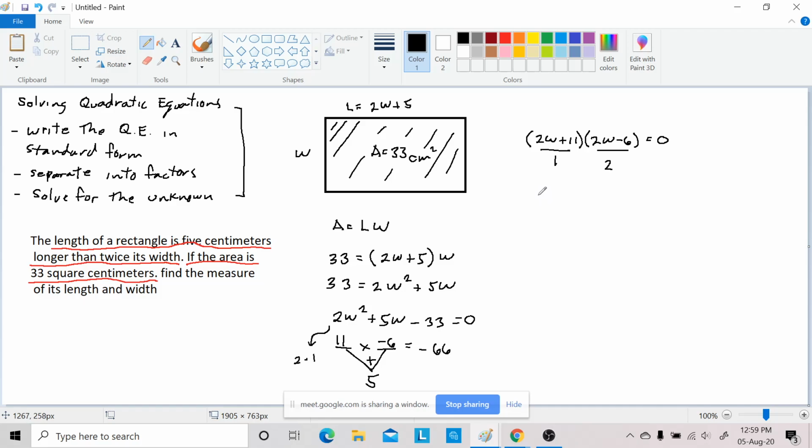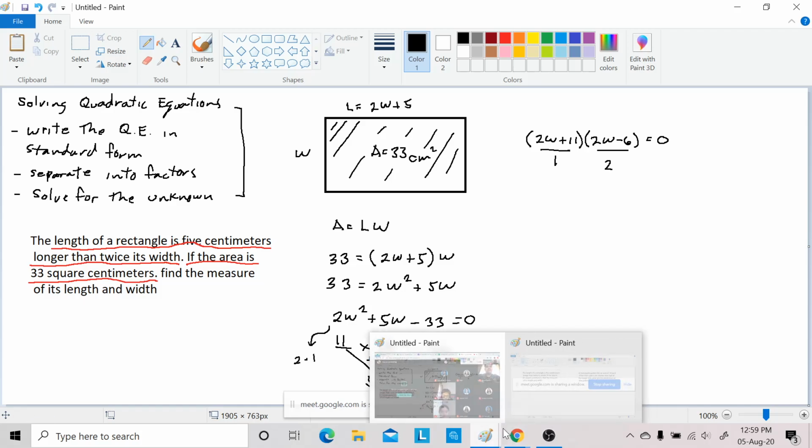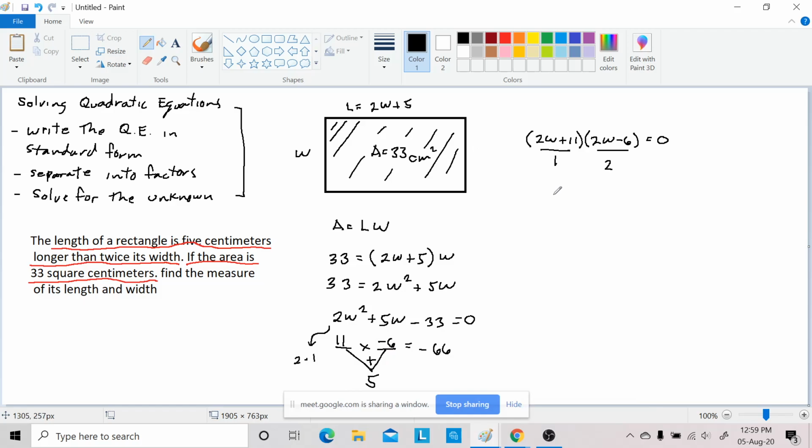Simplify. We have 2w times w minus 3 plus 11, then w minus 3, equal to 0.